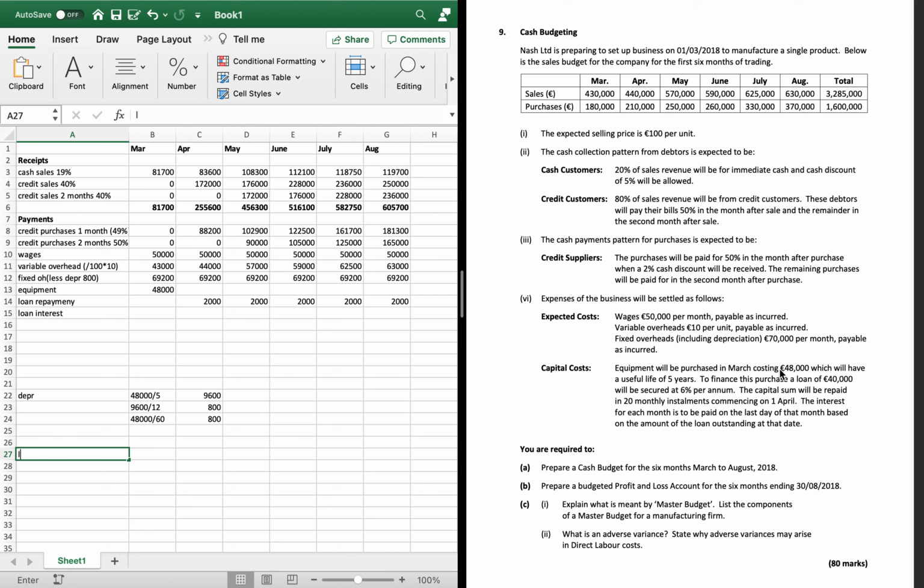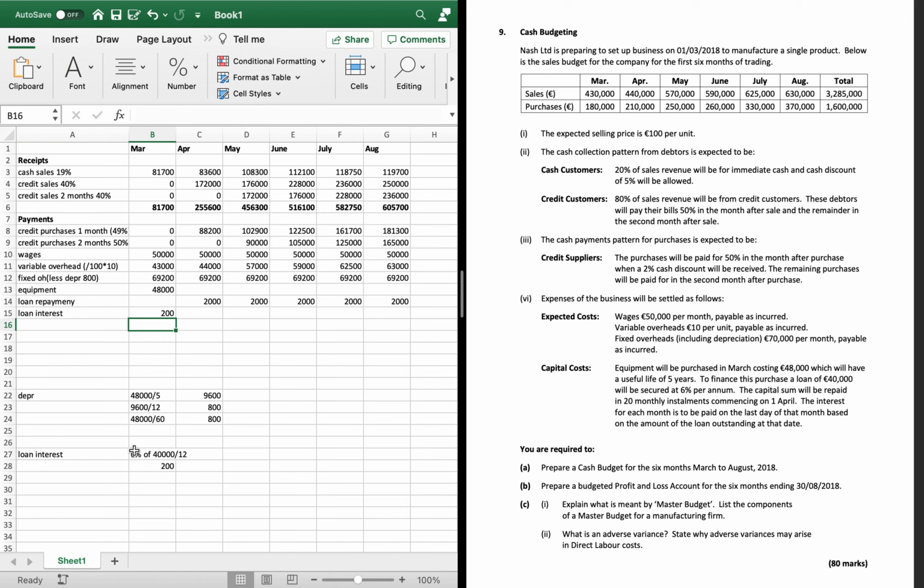The loan interest is 6% of 40,000, and we're going to divide whatever answer we get by 12, because we have to work out what it is per month. So it's 200. Okay, so the loan interest in March is 200. You can assume, as I said, that the equipment was bought on the 1st of March.